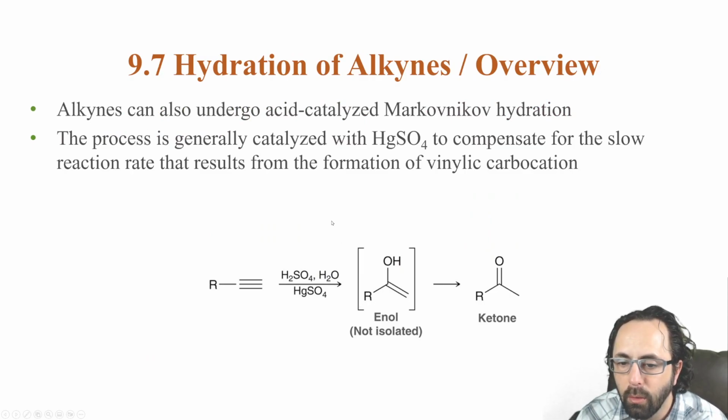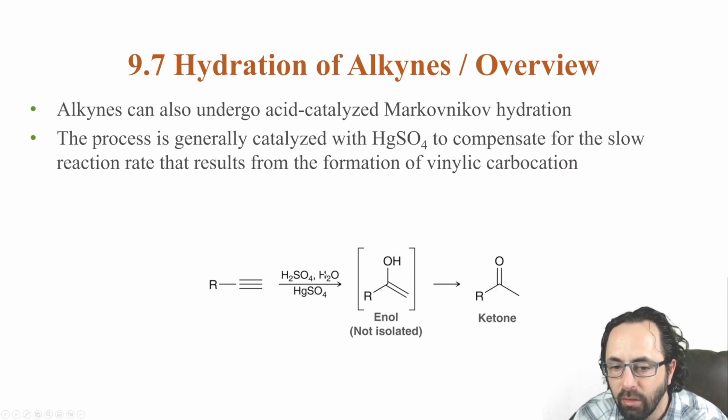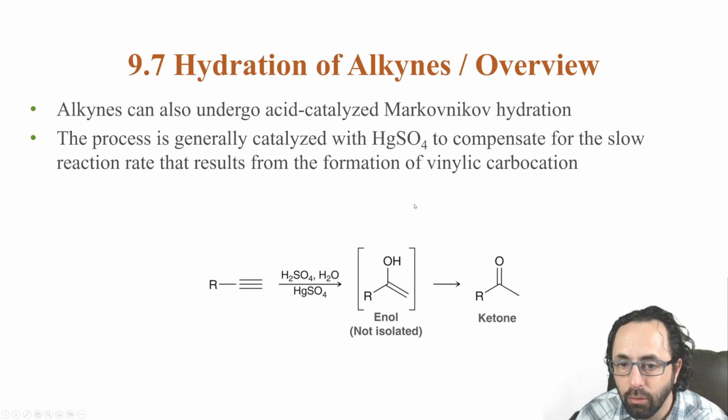We can also do an oxymercuration, or sorry, acid catalyzed hydration here with mercuric sulfate as a reagent. And so the alkynes can undergo acid catalyzed Markovnikov hydration, or addition of water. The process is catalyzed by mercuric sulfate because otherwise the reaction rate would be slow due to the formation of the vinylic carbocation.